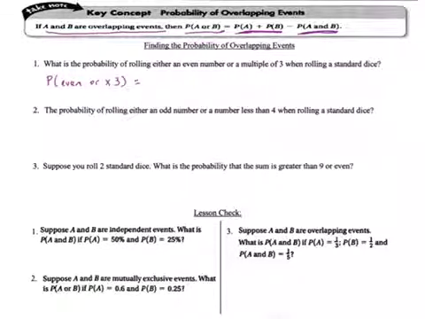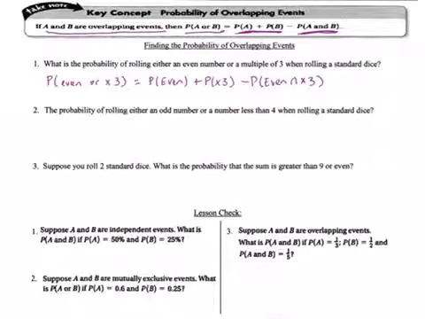So we're looking for the probability of even plus the probability of multiple of 3, but then we have to take away the probability of even and multiple of 3 occurring at the same time.